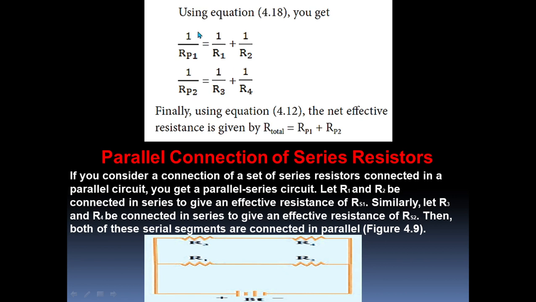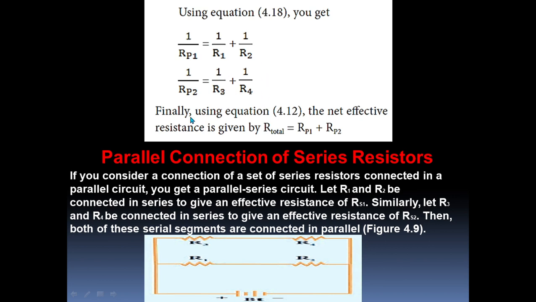Here 1 by Rp1, that means the first set of parallel circuit, is equal to 1 by R1 plus 1 by R2. Then for the second set, 1 by Rp2 is equal to 1 by R3 plus 1 by R4.